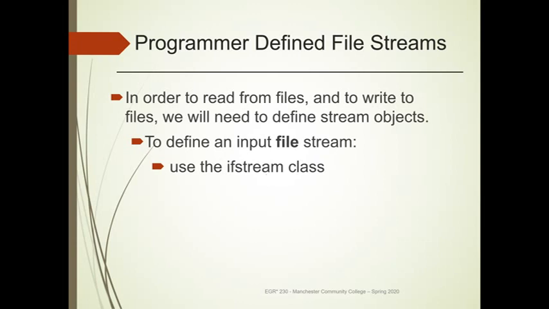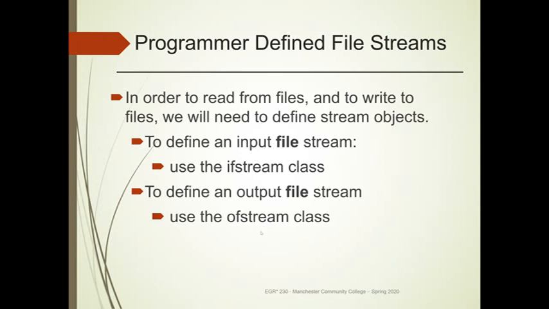We'll see that in an example. You'll see how that's done. If you have an object that you read from, a file that you read from, you use the ifstream object. And if you wanted to have one where you write to the file, you create an ofstream object, which uses the ofstream class.